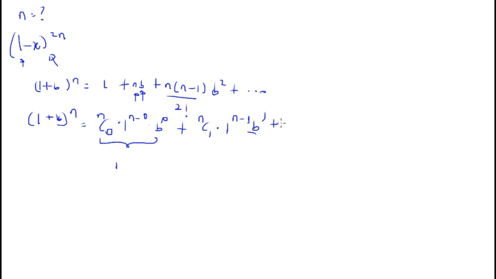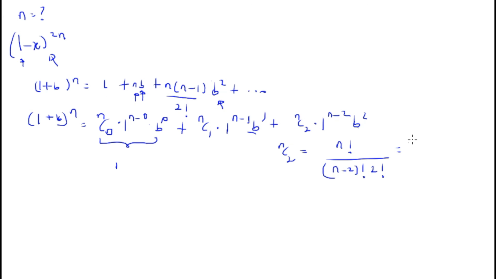This is the first term, this is the second term. In the third term, I will have nC2 times 1^(n-2), then b raised to power 2. So nC2 is the same thing as n factorial upon (n-2) factorial and 2 factorial.